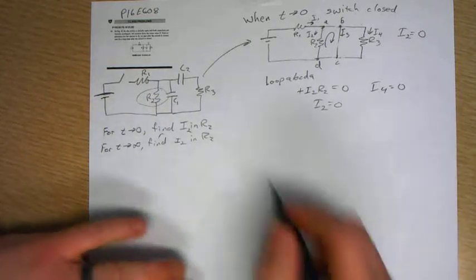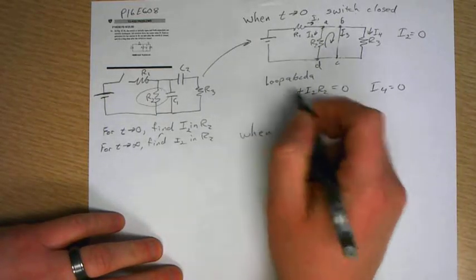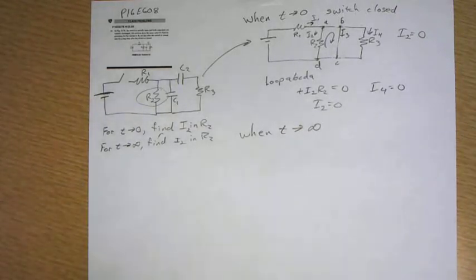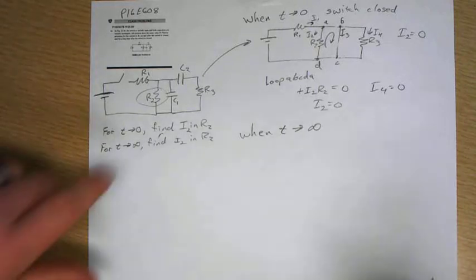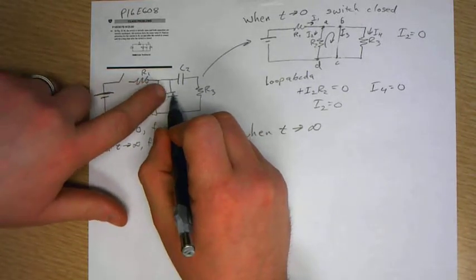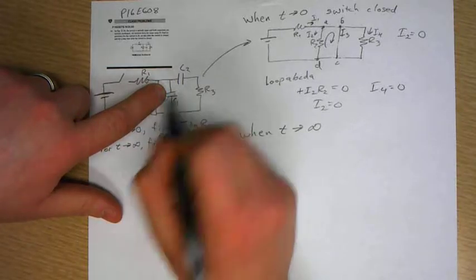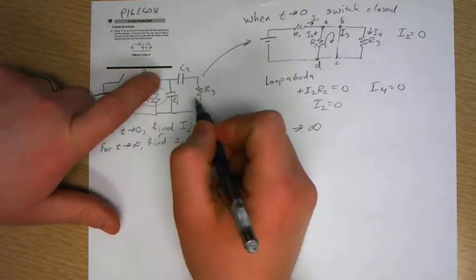So what happens then when the switch has been open for a long time, so t approaches infinity? Well, then it's a different situation, because at that point, when all the charge that you can get on these plates is on the plates, you can't get any more charge on them, so it acts like a break in the circuit.